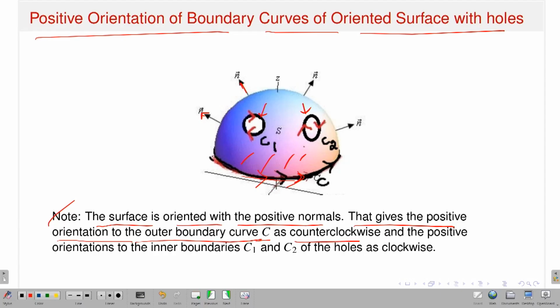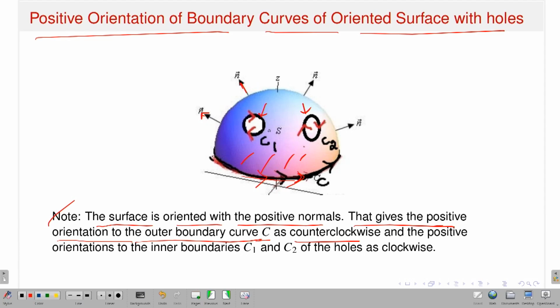That means if you start with a smooth surface S with positive orientation, with the normal pointing upward, and then move along the boundary curve C in the counterclockwise direction, my surface is on the left hand side, and that is the positive orientation of my boundary curve.